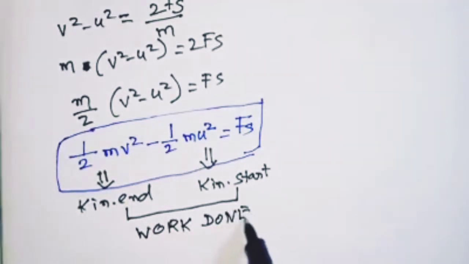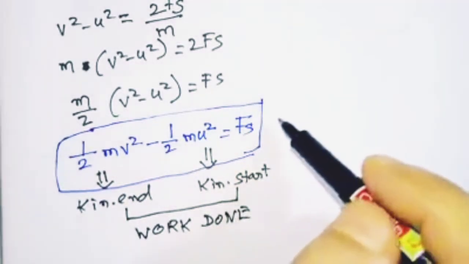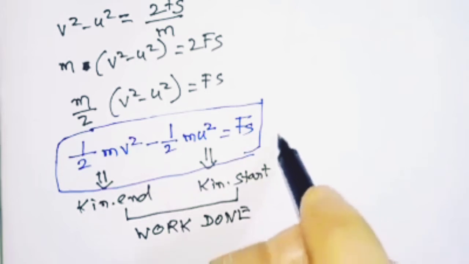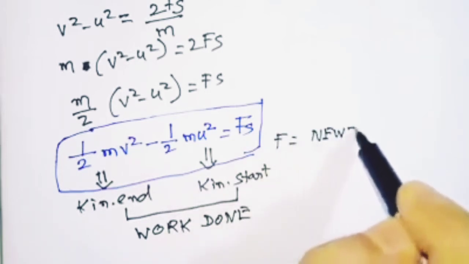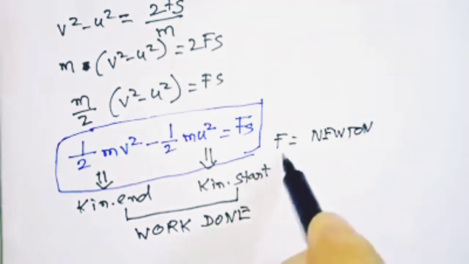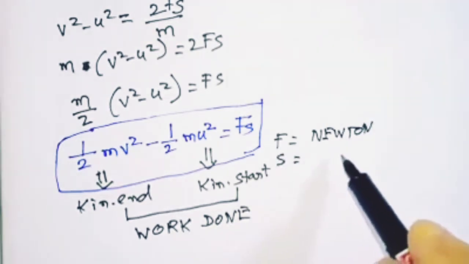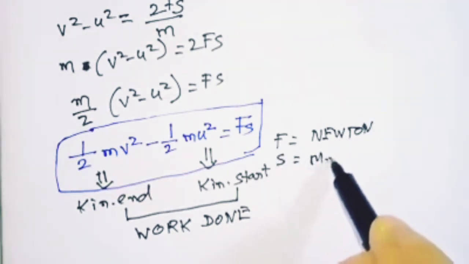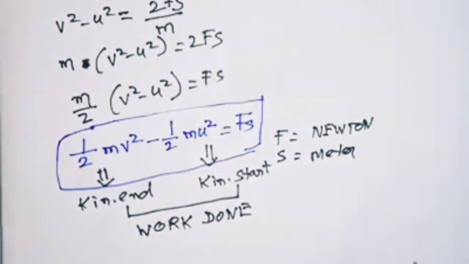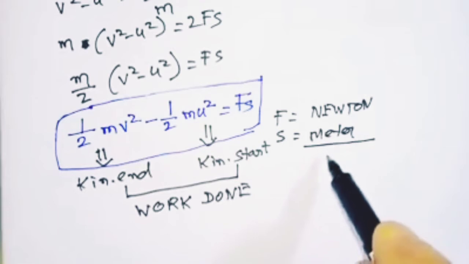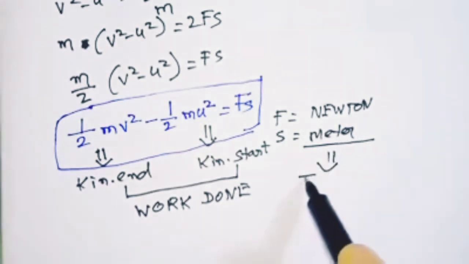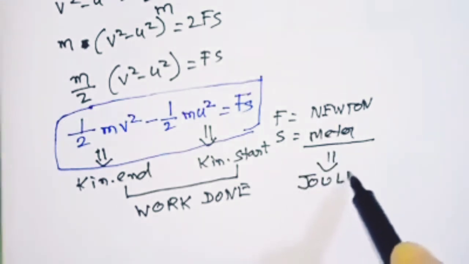Now work done, as you see, has got Fs. That means it has got force, whose unit is Newton, and we have got s, the distance, which would be in terms of meter. So we give them a new name as joules.